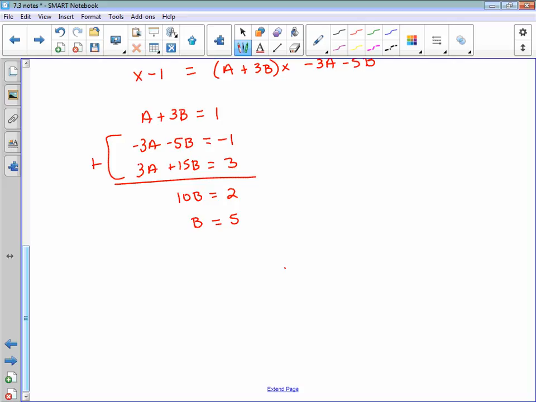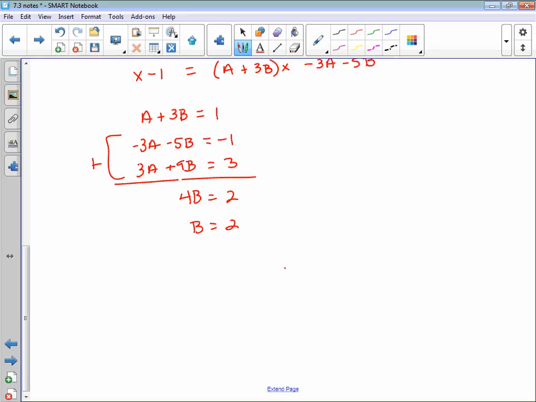No, wouldn't it be 9? Did I multiply wrong? Okay. This is a 9, not a 15. All right. So how about 4b equals 2? So b equals a half. Better? Yes.